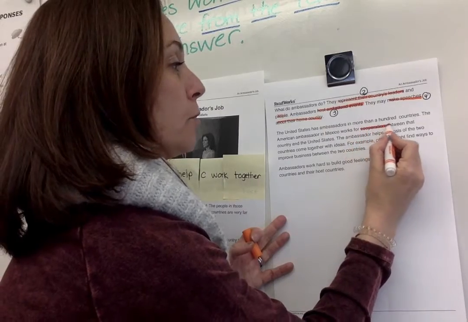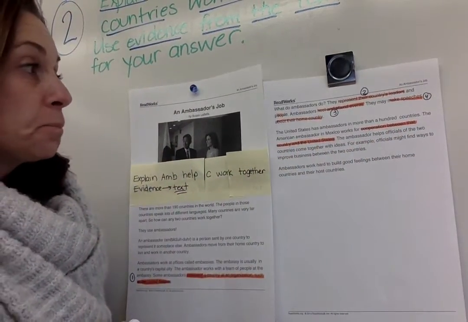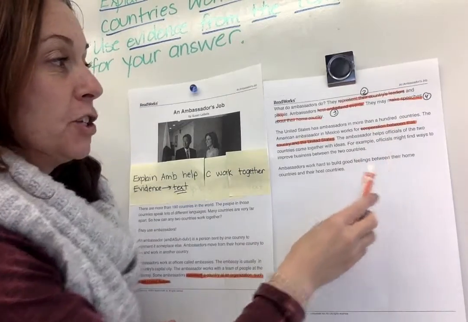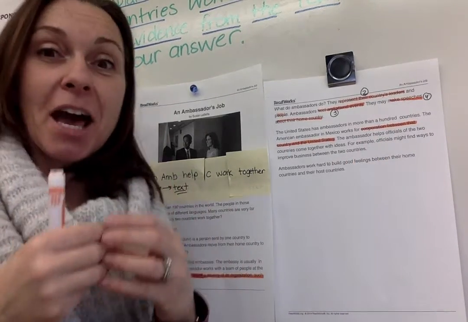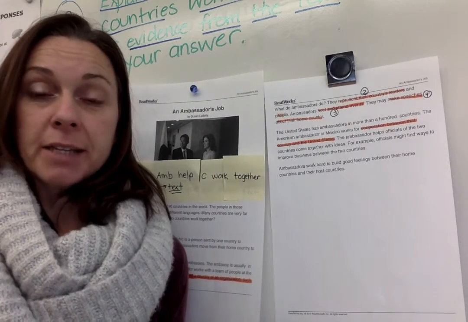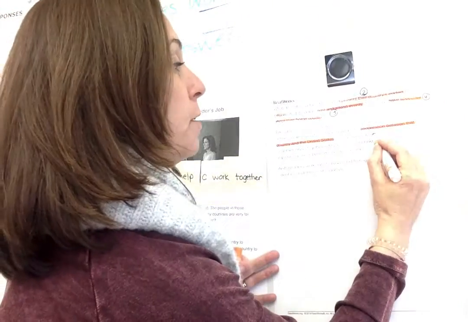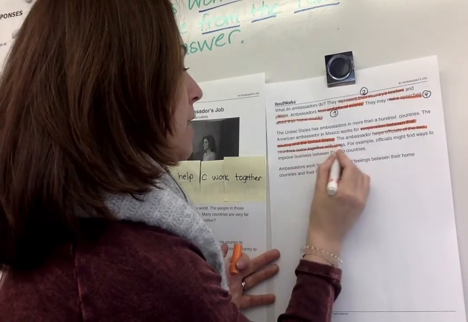So cooperation between that country and the United States. The ambassador helps officials of the 2 countries come together with ideas. Listen, you've got to work together. You've got to listen to each other's ideas.